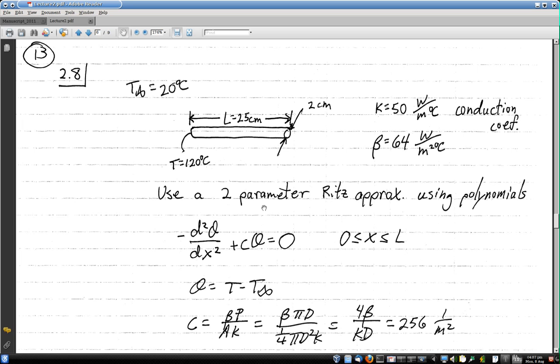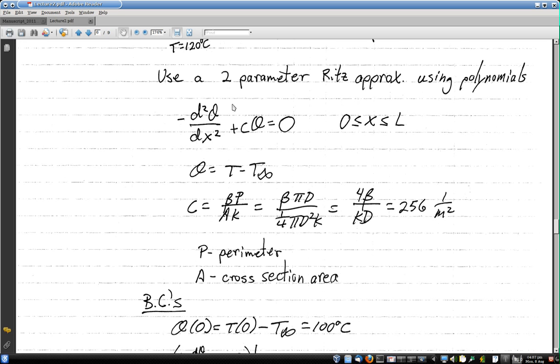Here is our ODE that defines how this rod behaves under a thermal gradient. We've defined theta as a delta T, the temperature minus the ambient temperature. I also introduced this parameter C. It's a function of the convection coefficient, cross-section area, conductivity, and the perimeter of the rod.